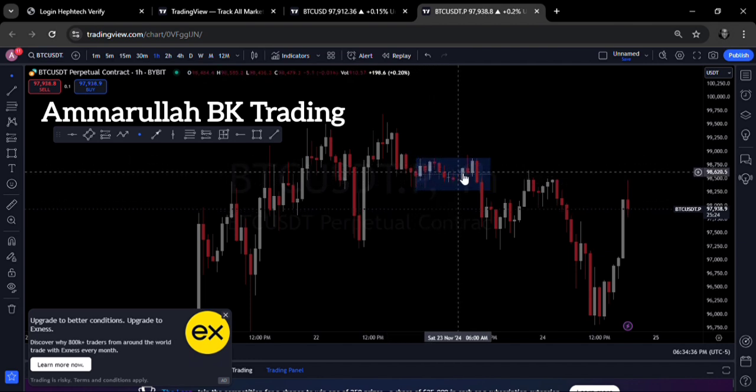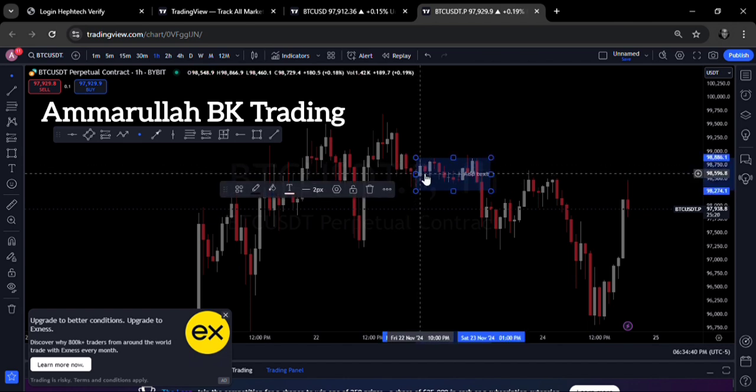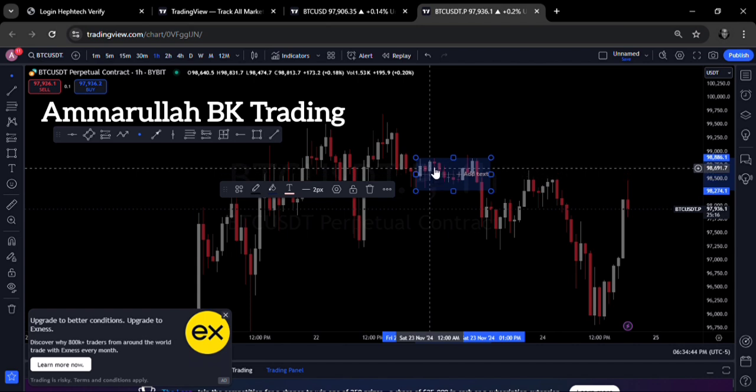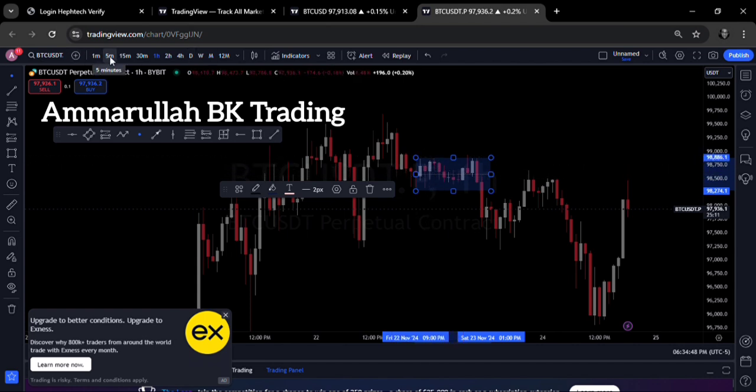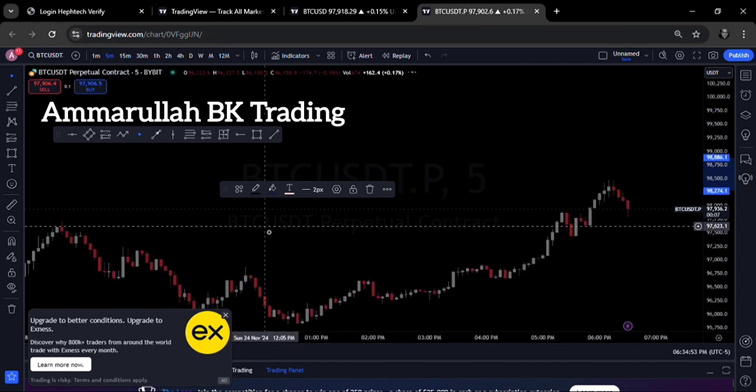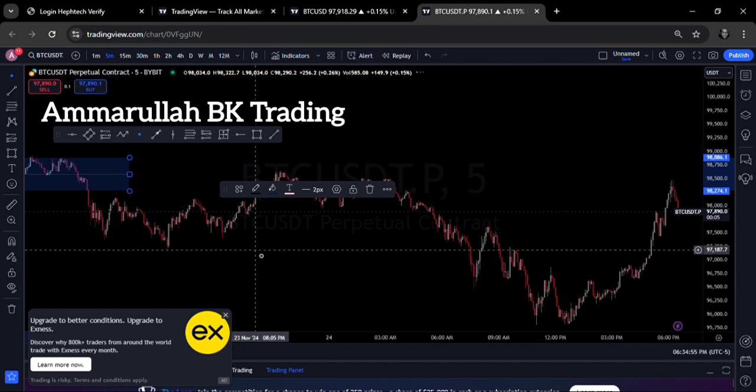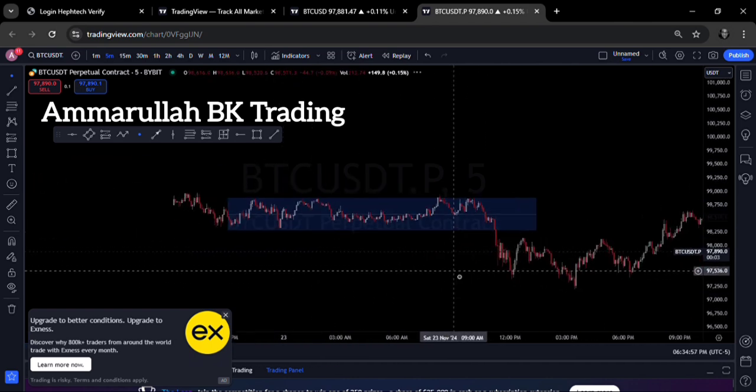So what I did was on Saturday, as the market opened right here, I knew consolidation would happen. So the pattern goes like this. You will mark during the weekend, during a series of consolidation.